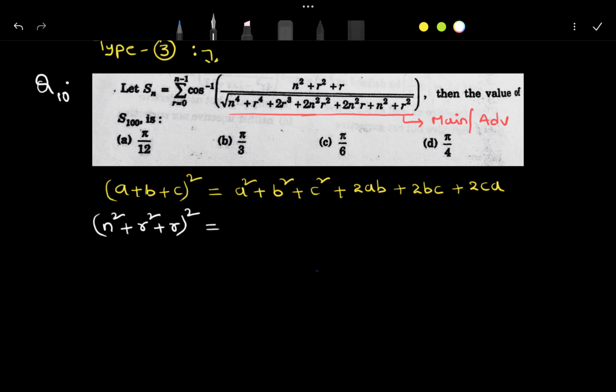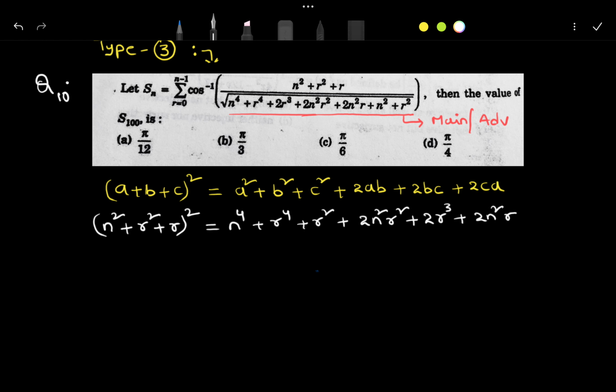It will be n⁴ + r⁴ + r² + 2ab, meaning 2 into n² into r², plus 2bc, meaning 2 into r³, plus 2ac, which is 2 into n² into r. So this is the expansion of this value.